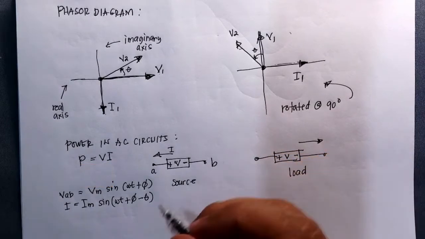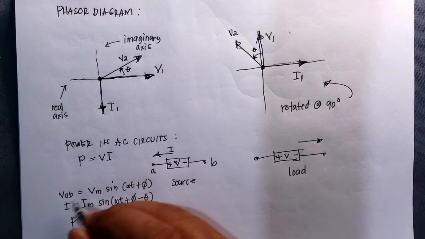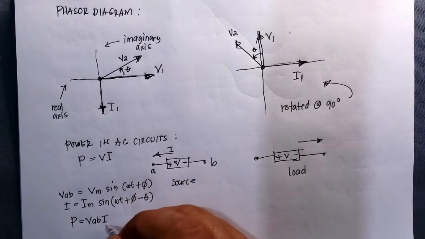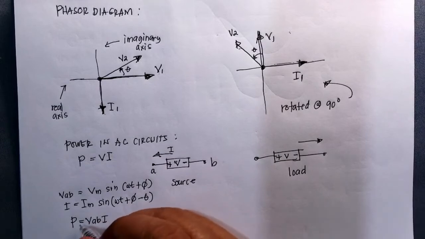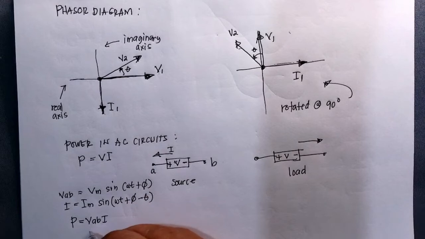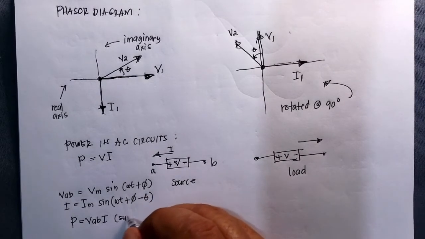If you are going to get the product, we just multiply V sub AB times I. The product of that will be the power. Actually, this is the power supplied.